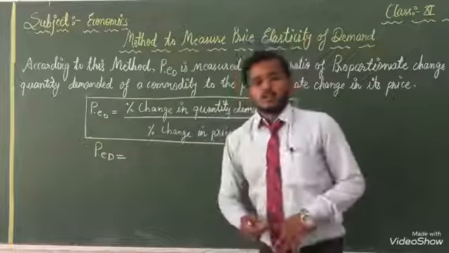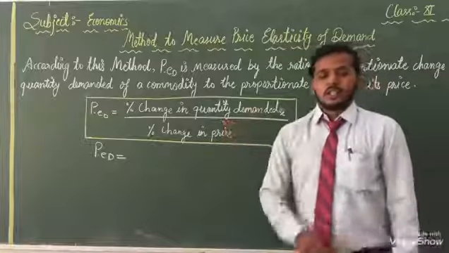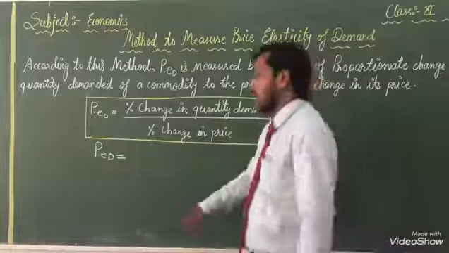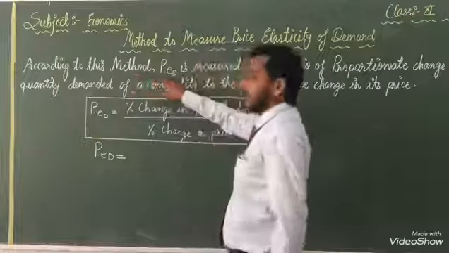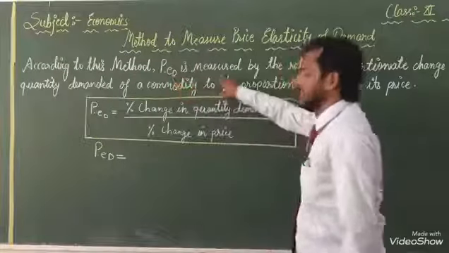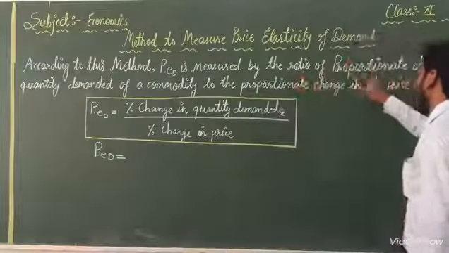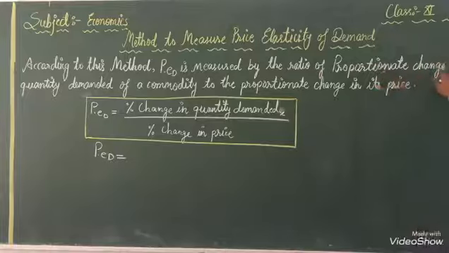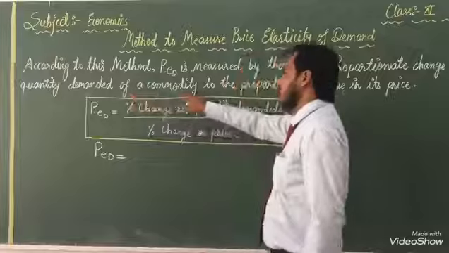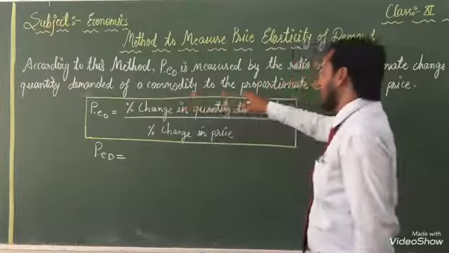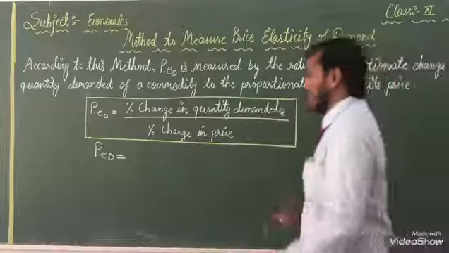So, price elasticity of demand. Before this lecture also I told the same thing, and once again I have written it in front of you. According to this method, price elasticity of demand is measured by the ratio of the percentage change in quantity demanded of a commodity to the percentage change in its price.